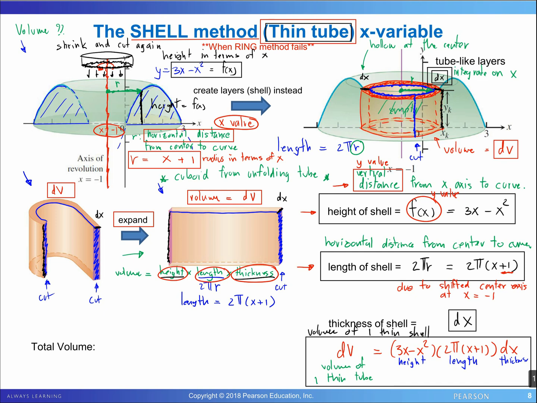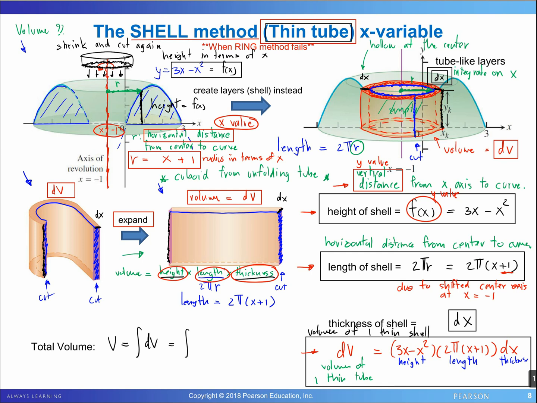And now the total volume of this whole object, big V, is going to be equal to the integral of dV, differential volume. So we are going to add the volumes of all these thin shells together. And in this case, it's going to be equal to the definite integral of dV, which we know is equal to this.